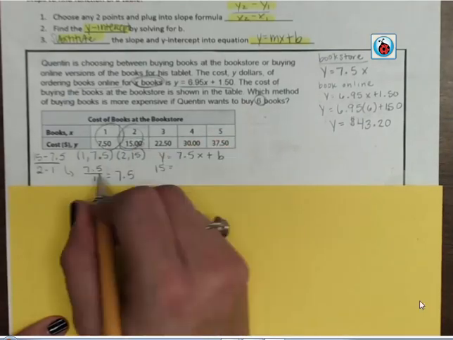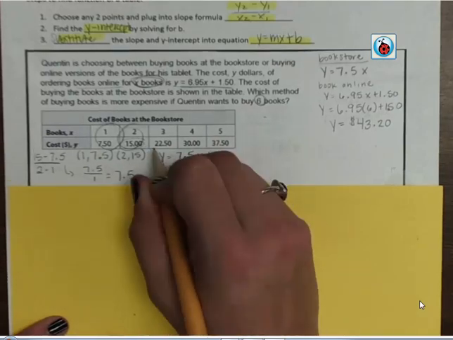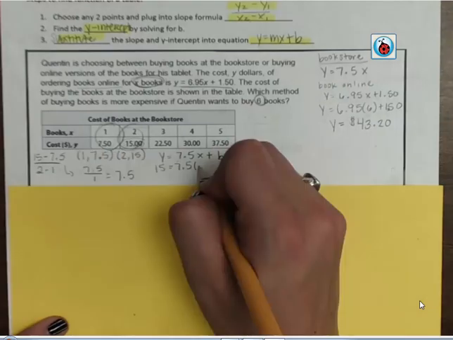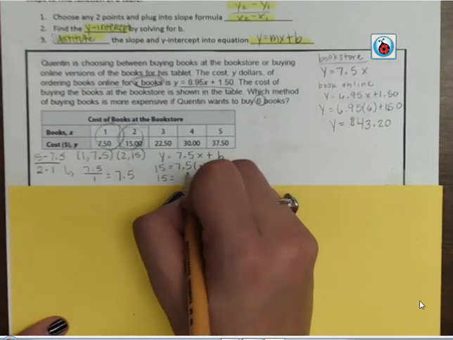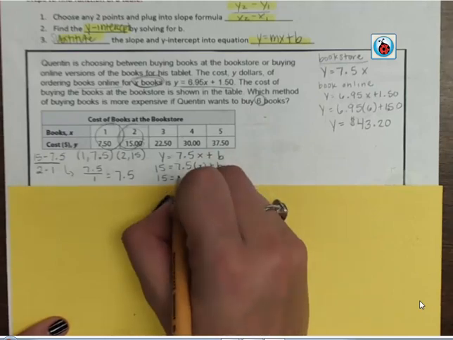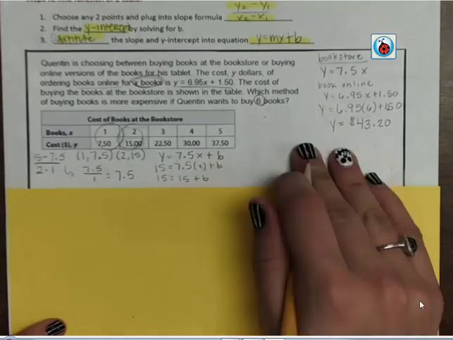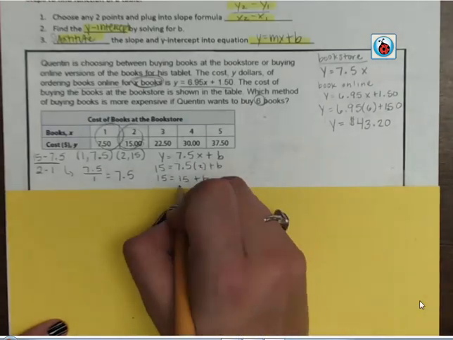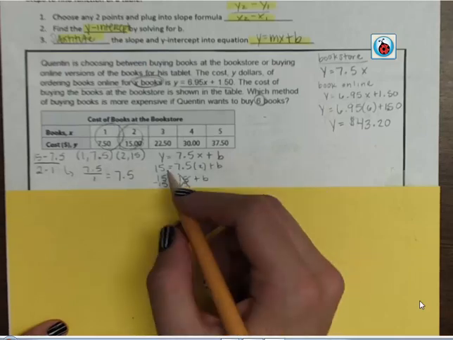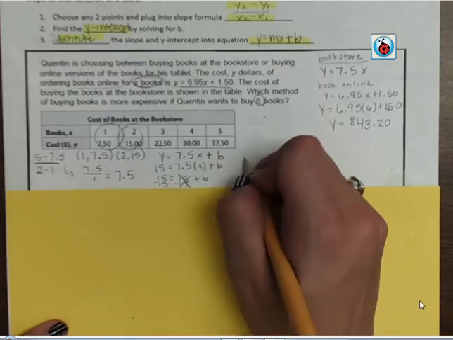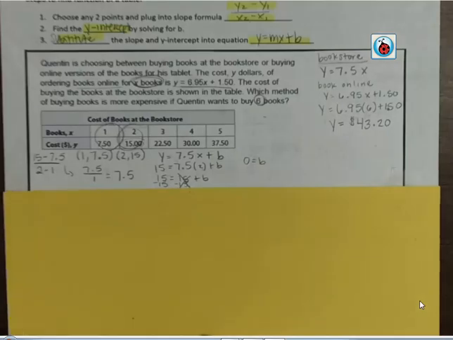So 15 is equal to 7.5 times 2, which is x, plus b. So 15 is equal to 15 plus b. Well, in order to get rid of this 15, I have to subtract 15 from both sides. 15 minus 15 is 0. So your b is equal to 0, so you don't really have a b. You can just leave it like that.